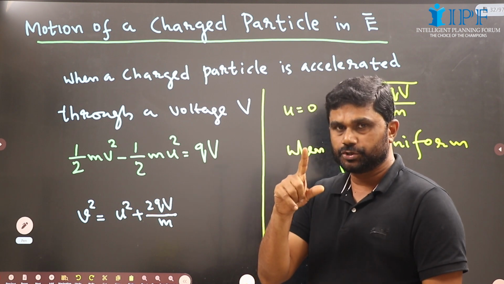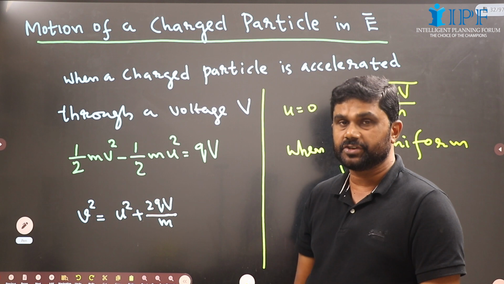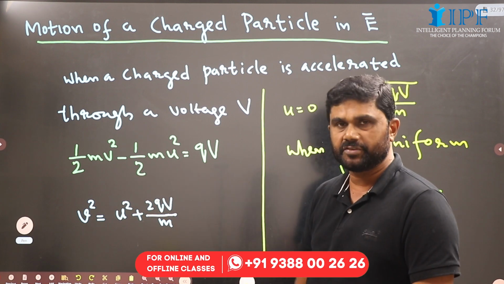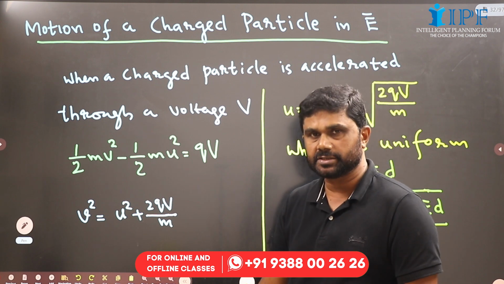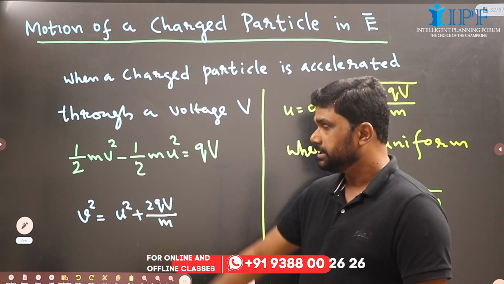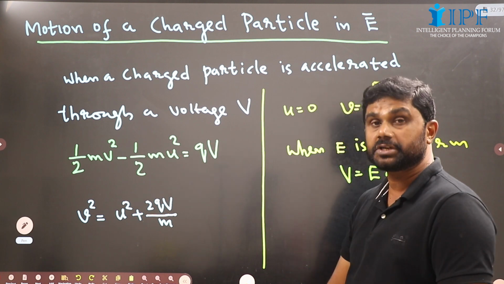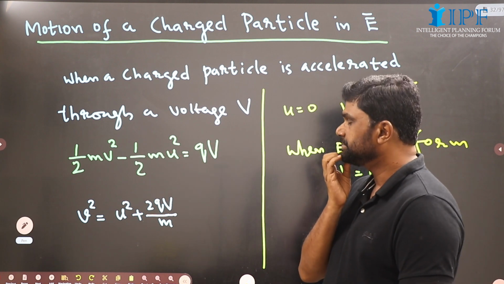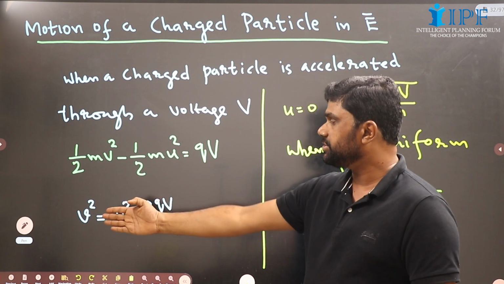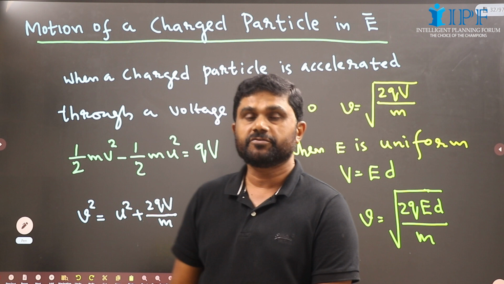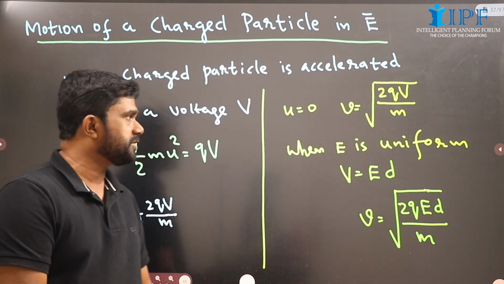The gain in kinetic energy, final kinetic energy half mv square minus initial kinetic energy half mu square, is equal to Q into the voltage through which it is accelerated. From here we get v square equal to u square plus 2QV by m, where m is the mass and Q is the charge of the particle.